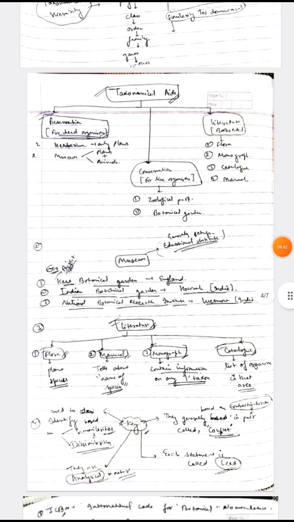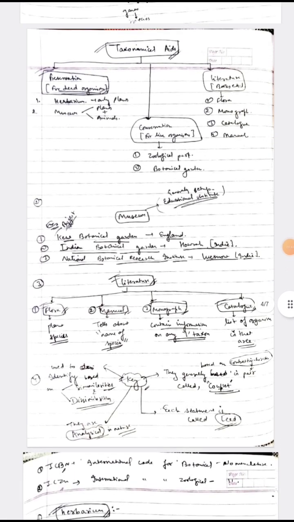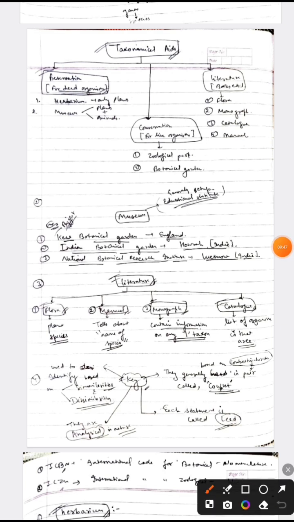Now the next topic of that chapter is taxonomical aids. The taxonomical aids are the things used to preserve or conserve living as well as non-living things by using a museum, botanical garden, conservation parks, etc. There are three types of taxonomical aids. First is to preserve the dead organisms. Second is to conserve the living organisms, and the third is for literature books.